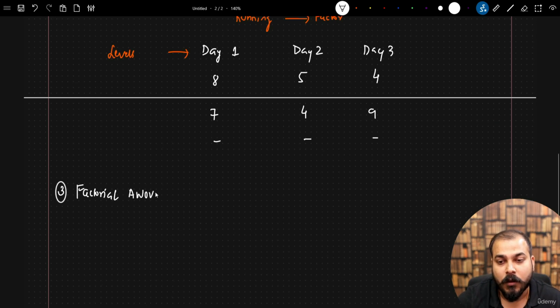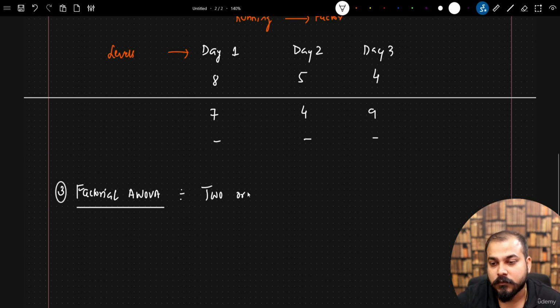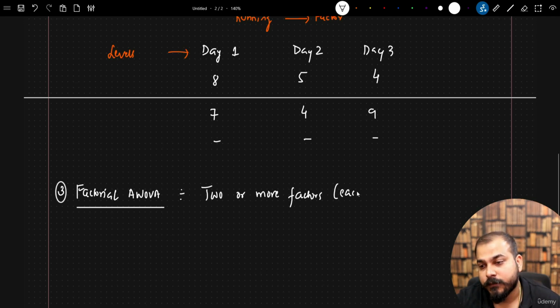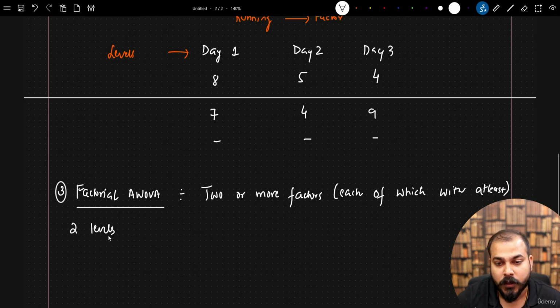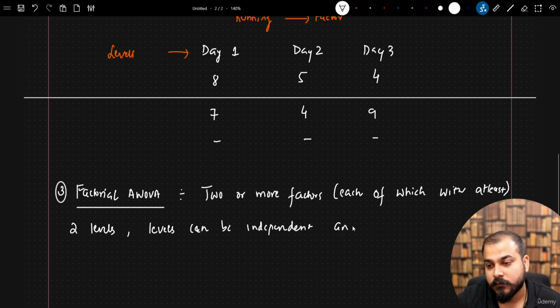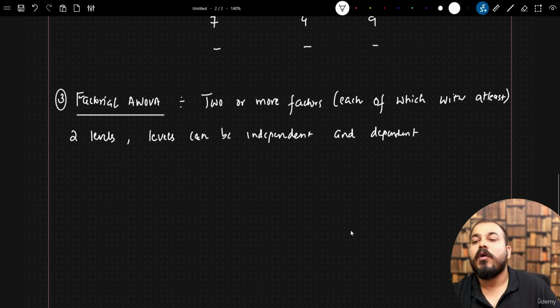In the case of factorial ANOVA, you specifically use 2 or more factors, each of which has at least 2 levels, and these levels can be independent or dependent. So here what we are saying is 2 or more factors.